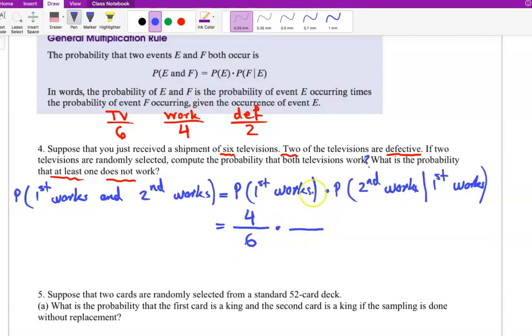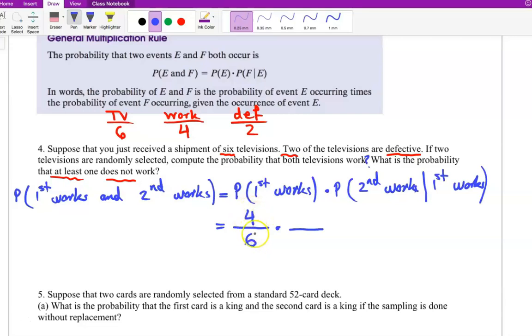Since these two events are dependent, the second TV depends on the first one, depending on which way we start. So obviously we're starting from the first one and then choosing the second TV. So the second television depends on what we had on the first try.